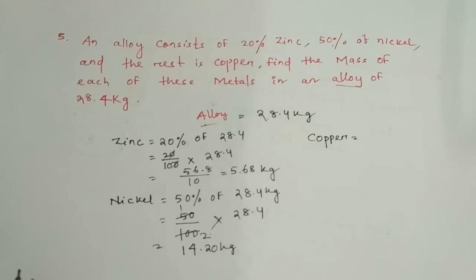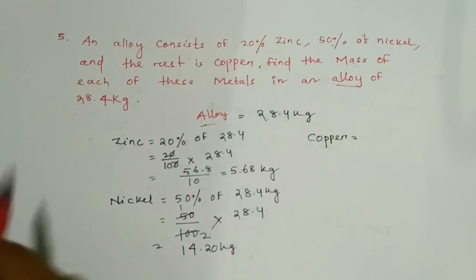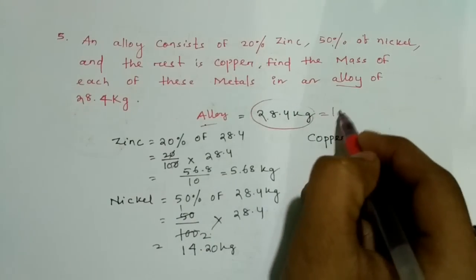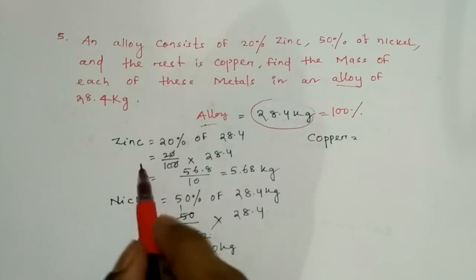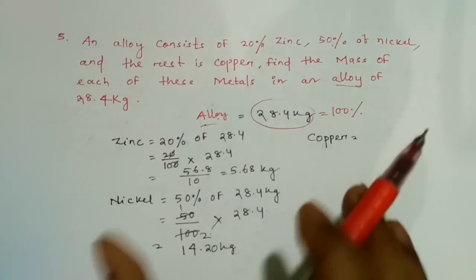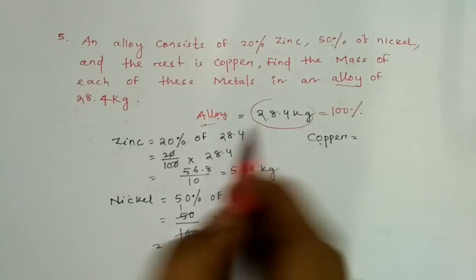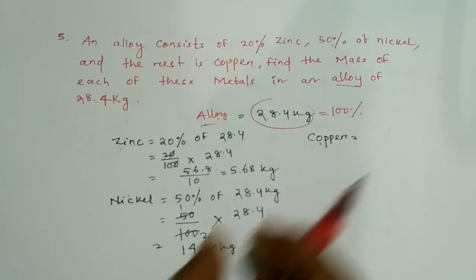And the most important part comes: the rest part is copper. So friends, listen, what is the whole amount? We always have to take it as 100%. This alloy is the combination of zinc, nickel as well as copper, so all three combine to give 100%.